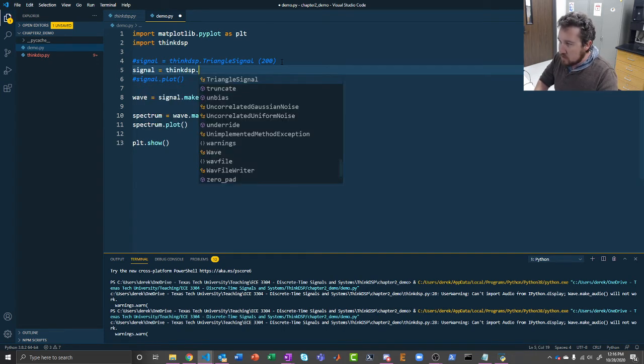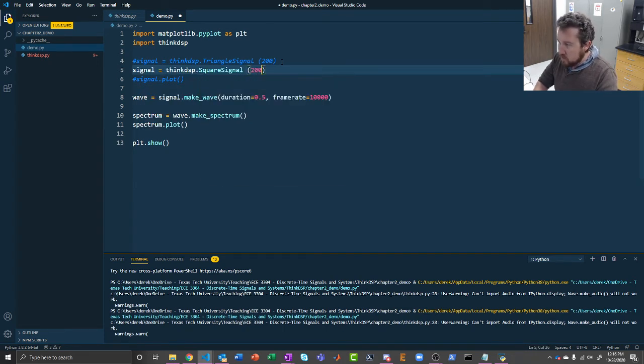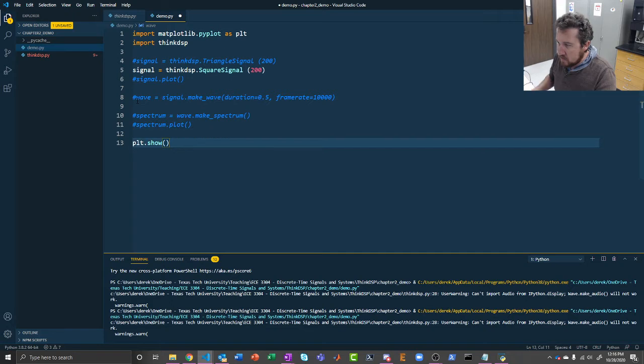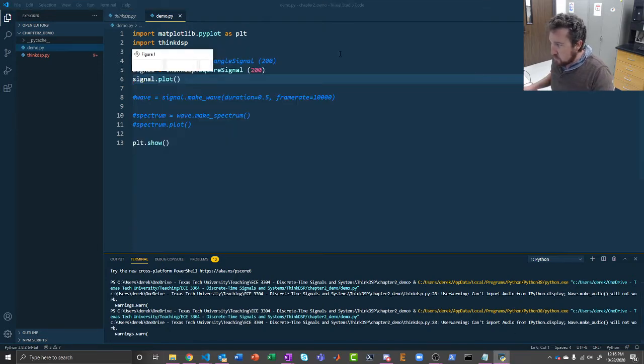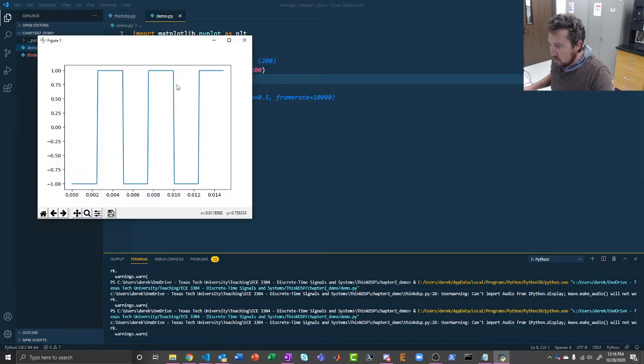Equals thinkdsp.SquareSignal, also at 200 hertz. I'm going to comment these out for just now, and we're going to plot the signal. You guys should all be pretty familiar with what a square wave is. Of course, you have to remove that first. And then there we go, there's a square wave.